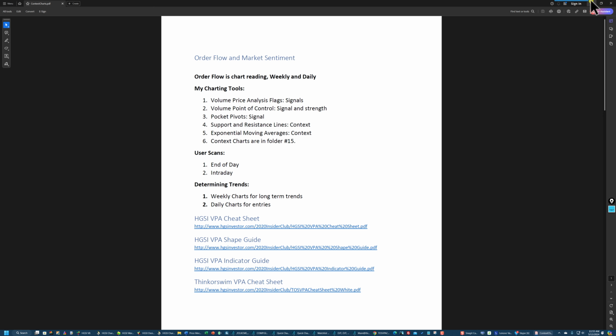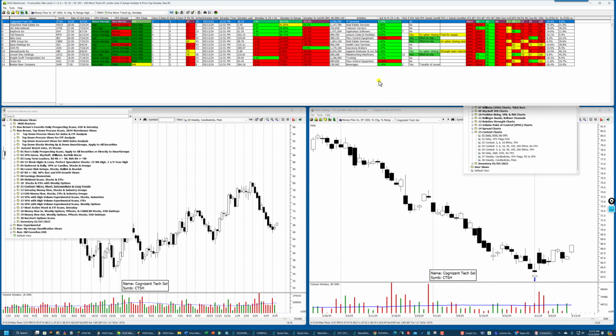I'm going to minimize this, and I am going to record this in 4K. Now, the fonts may be a little bit smaller, but they're readable. I've tested it on several different monitors, and I'm primarily going to be talking about charts anyway, but I like to use this.